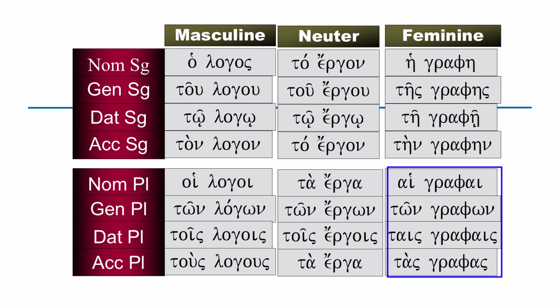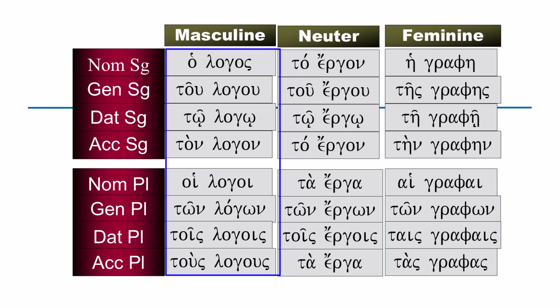Remember, the way you translate the nominative plural is the same as the way you translate the accusative, but the endings are different. So if you are asked to decline the word logos, this is how you decline it. You just simply remove the ending, log, and begin attaching different case endings to show how the word logos can function in a word or in a sentence.